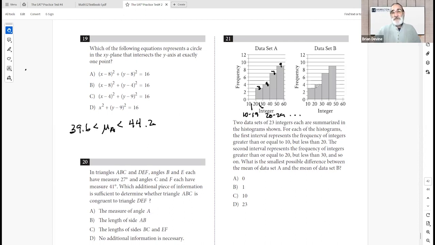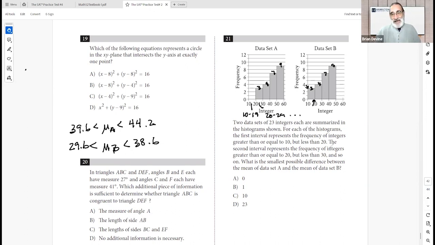And if I do the same thing for B, because I've got 3 of these and 4 of those and 7 of those and 9 of those, but I could have all 10s or I could have all 19s in the first stack, all 20s or all 29s in the second stack. Well, I have the same idea that the mean for B is going to be somewhere between 29.6 and 38.6.